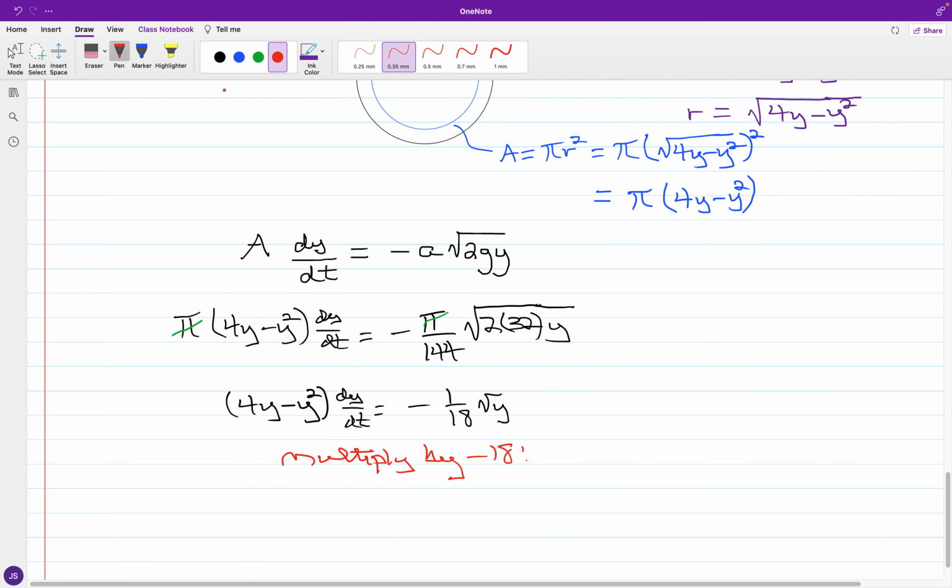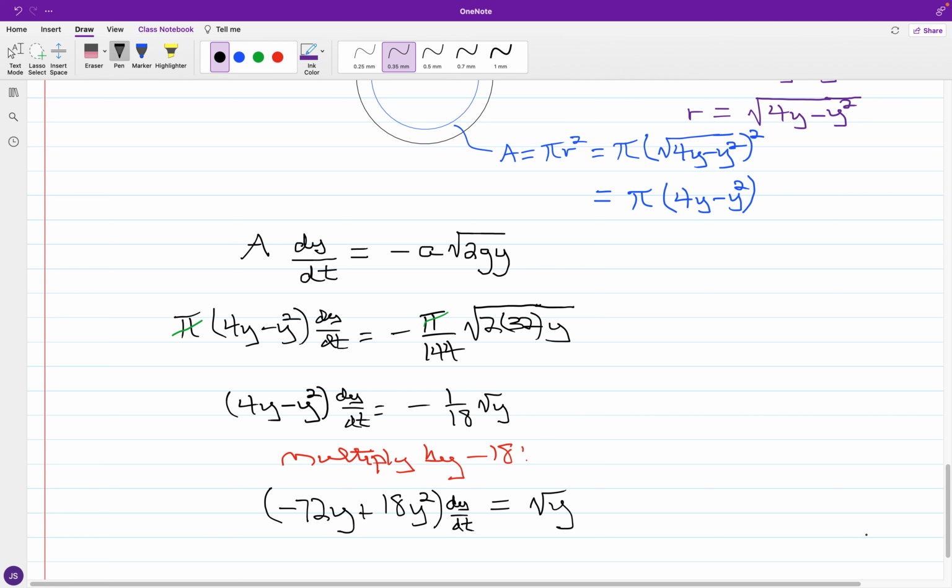So we're going to have negative 72y plus 18y squared, dy over dt, is equal to the square root of y. Now I'm dividing by the square root of y and multiplying by dt simultaneously.